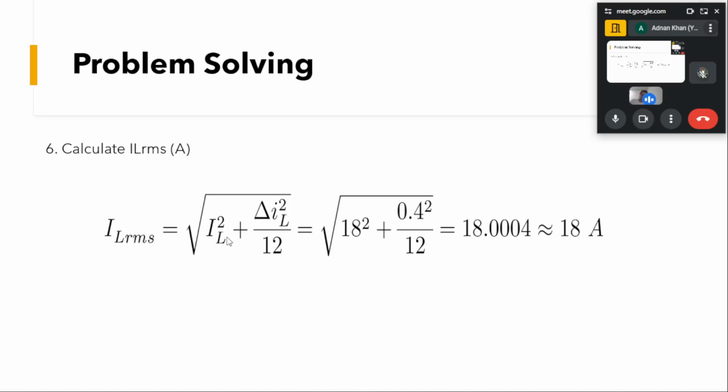We know the IL current is 18, and delta IL is known to us. If we solve this, it comes out to be 18.0004. We can approximate that as 18 amps itself. So the RMS current flowing through the inductor for this boost converter will be equal to 18 amps.